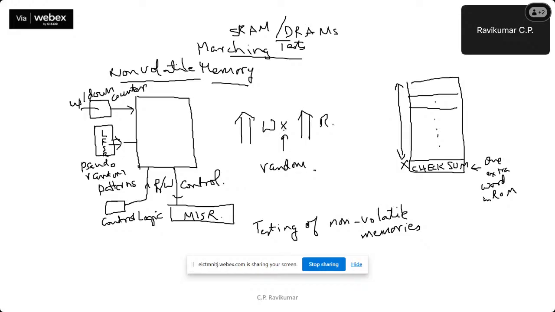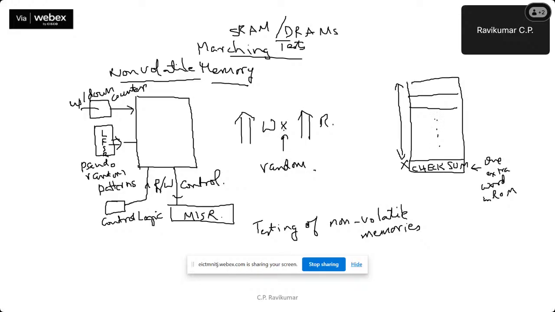What you could do is add up all the values here, and ignore all the carries. When you are adding, if you are getting carries, just ignore them, and whatever you get, that sum is known as a checksum, and you can store it.